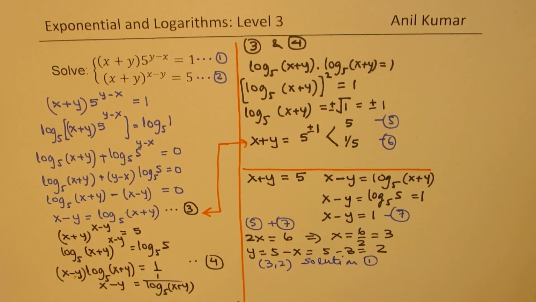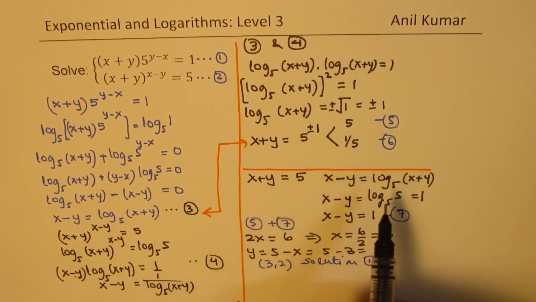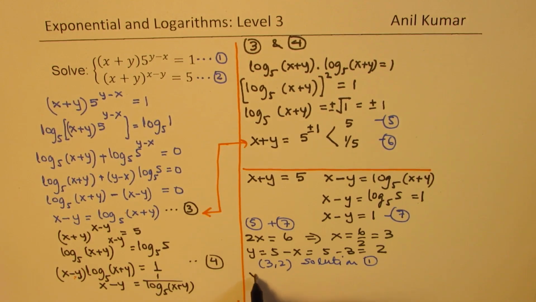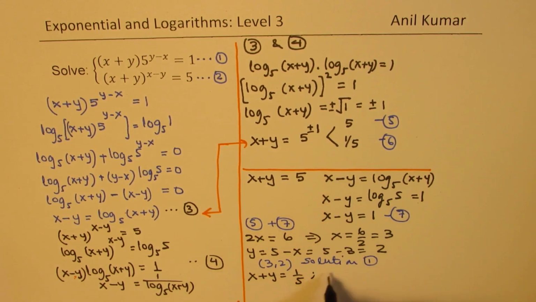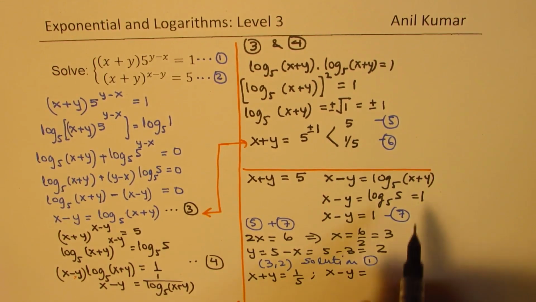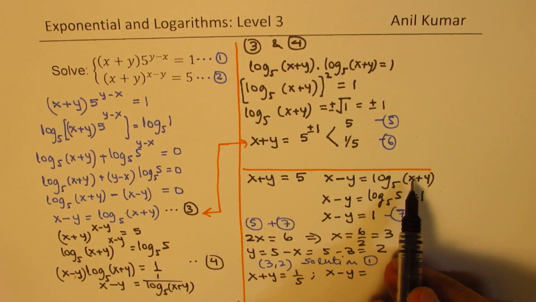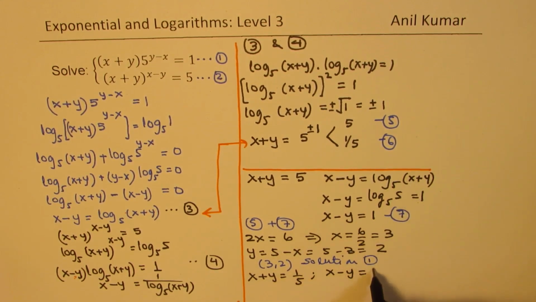Now we can actually use the other value, which is 1 over 5. So in that case, we have x plus y equals 1 over 5. And in that case, x minus y will be equal to log to the base 5 of 1 over 5, which is minus 1. So now we get x minus y as minus 1.